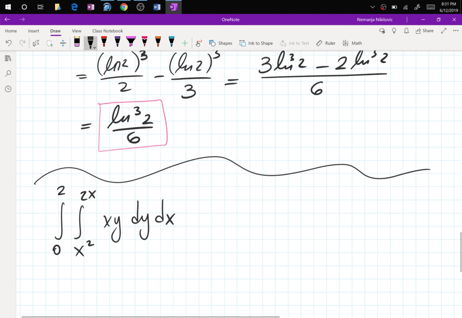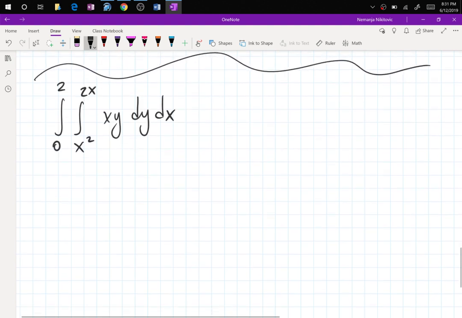What I am concerned with in this problem, guys, is a very important skill of back engineering the region. Because the region is encoded in those limits. If you want to switch order of integration, you have to be able to draw the region looking at the limits.